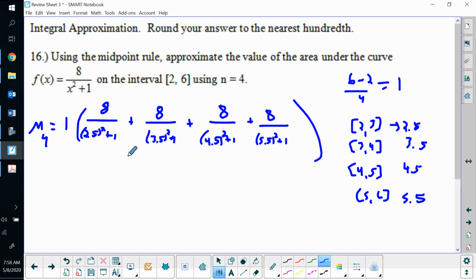Okay, and this isn't an exact value, so you could just leave it like that if you want. And without a calculator, it might be tricky to do the 2.5 squared, so that's probably your best bet. So that value represents the approximate area underneath our curve.